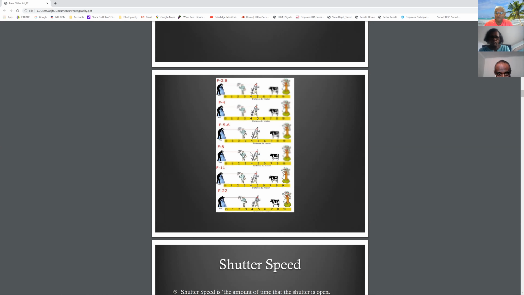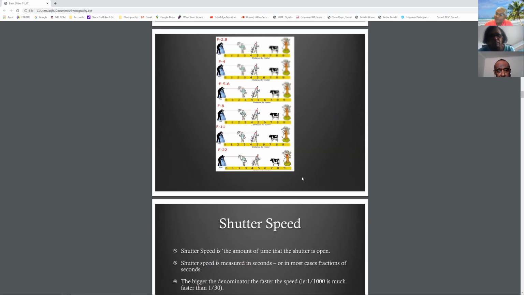If you look at this one, you want to show all three objects here, or a single one. You have to think about that and set your aperture.